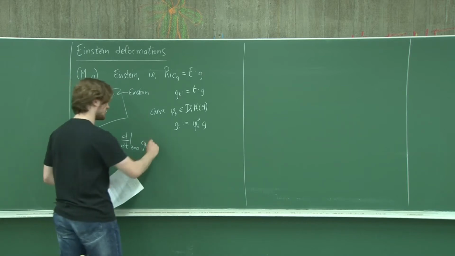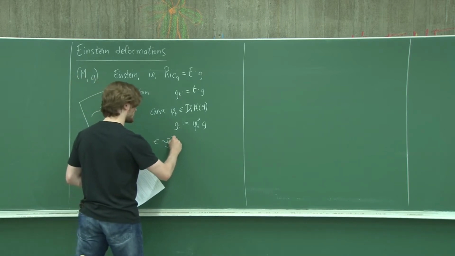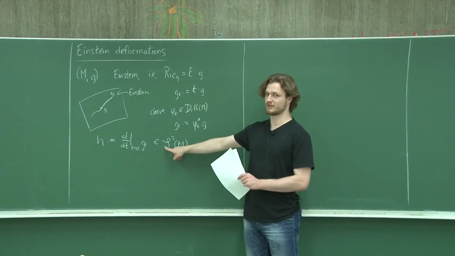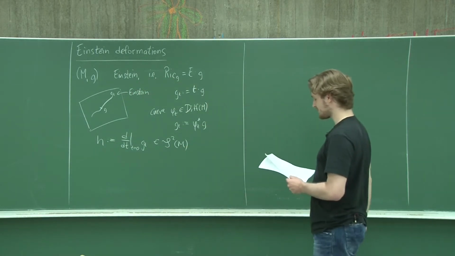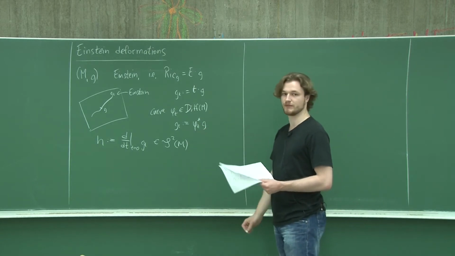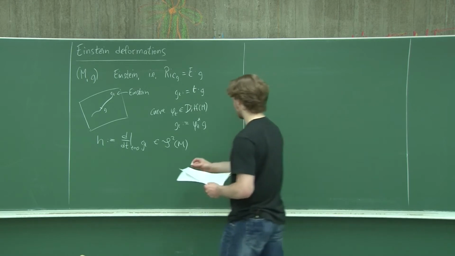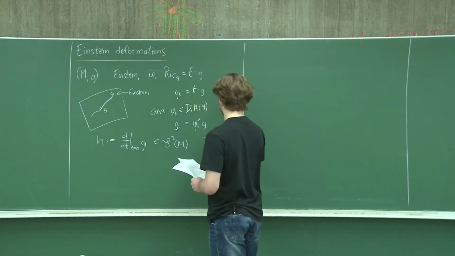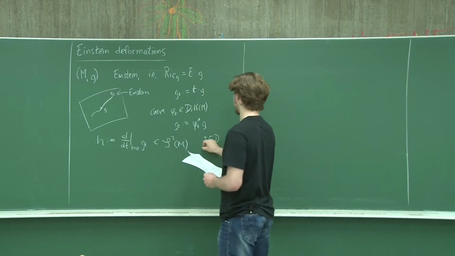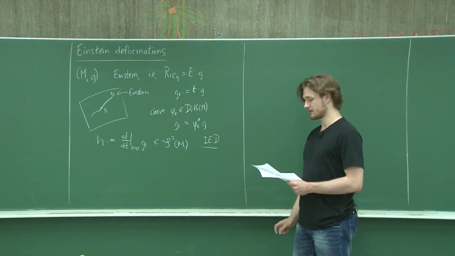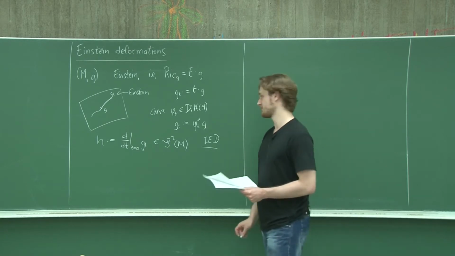So this is going to be some symmetric 2-tensor, so this is an S for symmetric. And if the aforementioned conditions are true, then h is what we call an infinitesimal Einstein deformation, or short IED. And these IEDs can be characterized by the following set of equations.